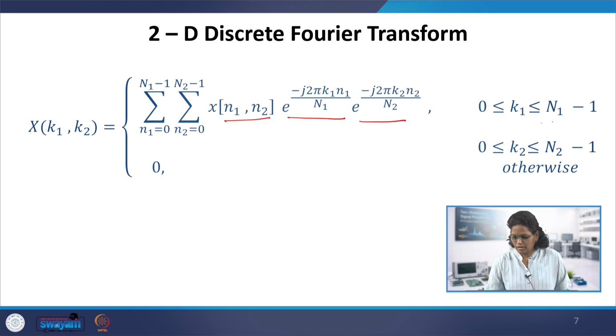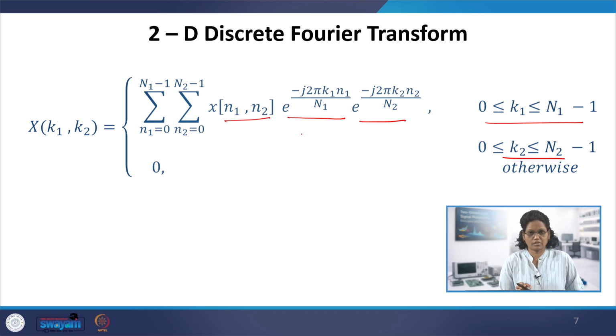Where k1 and k2 you can correlate with the 1D DFT, where k was varying from 0 to n minus 1, and it is extended here to 2D, where k1 and k2 vary over their respective support regions, and it is 0 otherwise. So this is for the finite sequence. How these are related with the Fourier series coefficients and the periodic sequence has been shown.